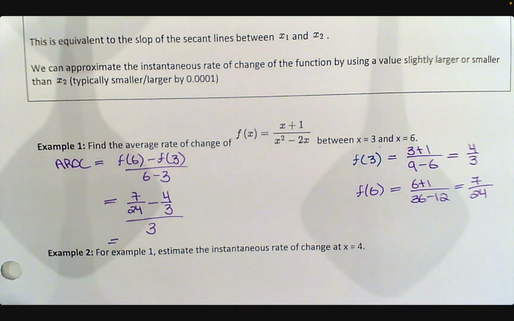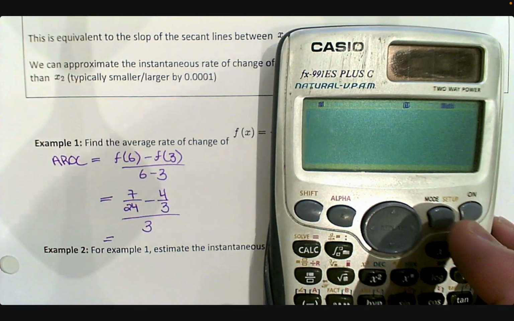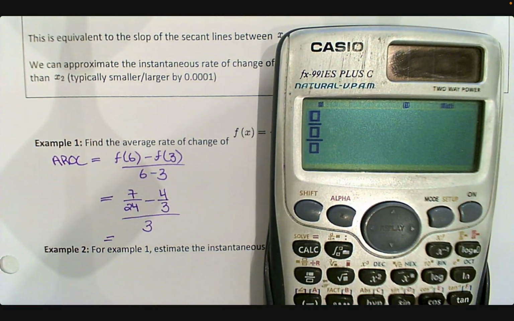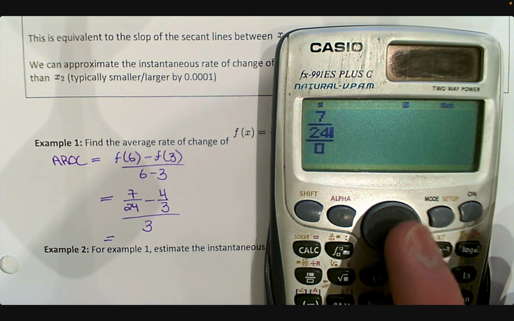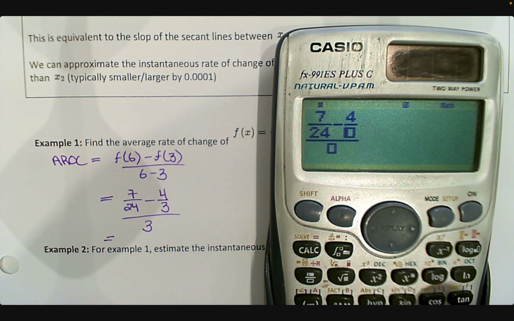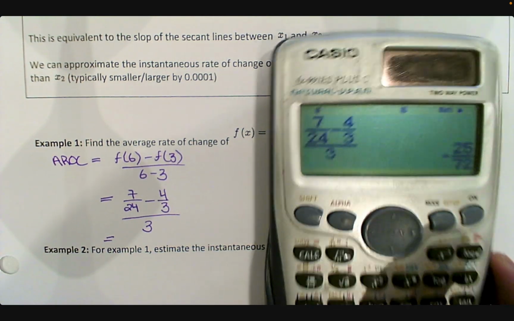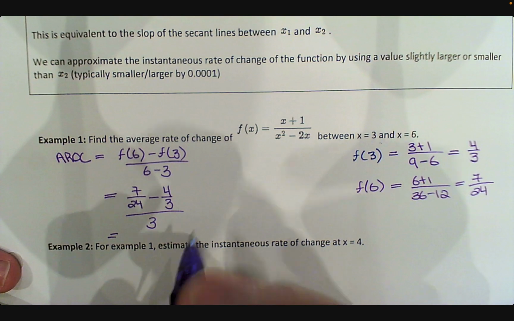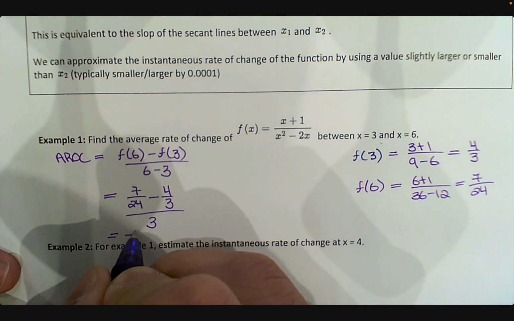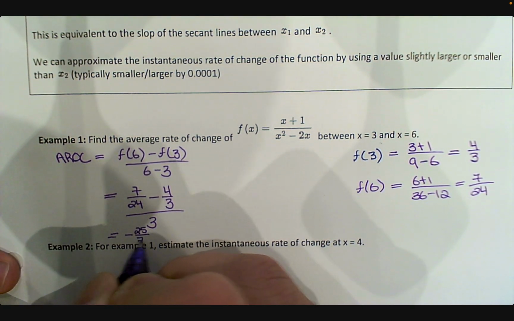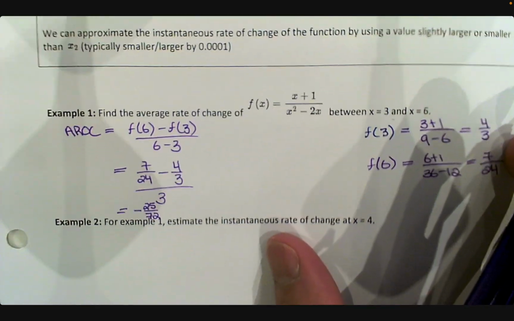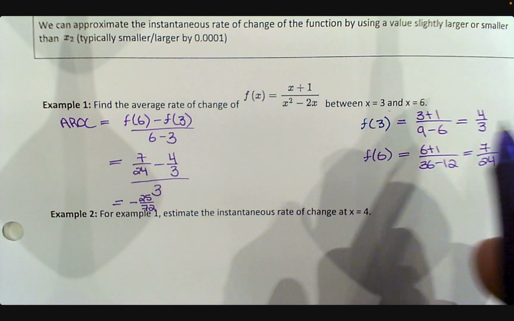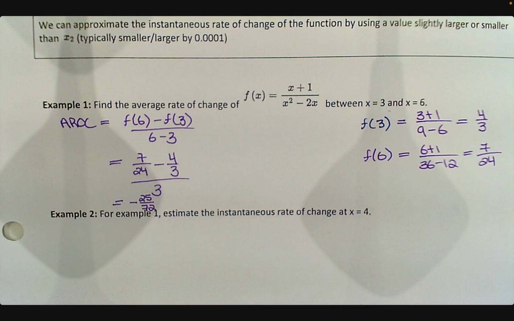And I'm going to utilize my handy-dandy calculator. Substitute these values in. 7 over 24 minus 4 over 3 divided by 3. So negative 25 over 72 is our answer. And in this case, there are no units that are required because we're not given any units.